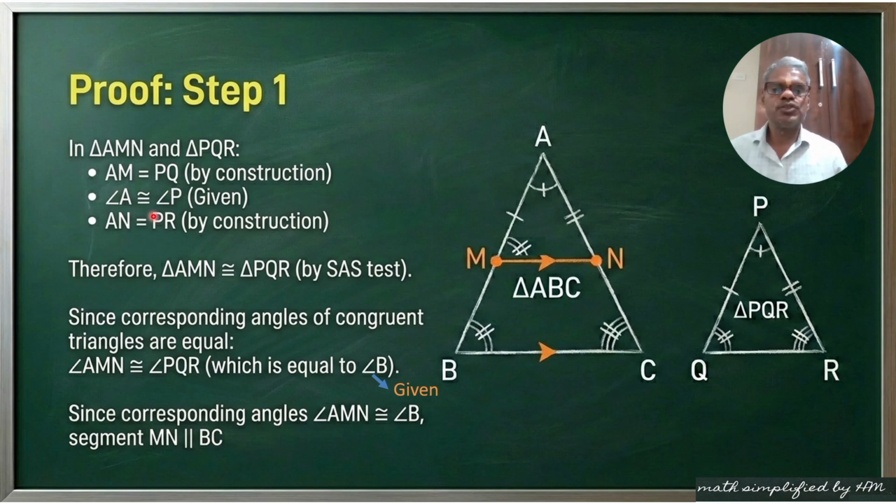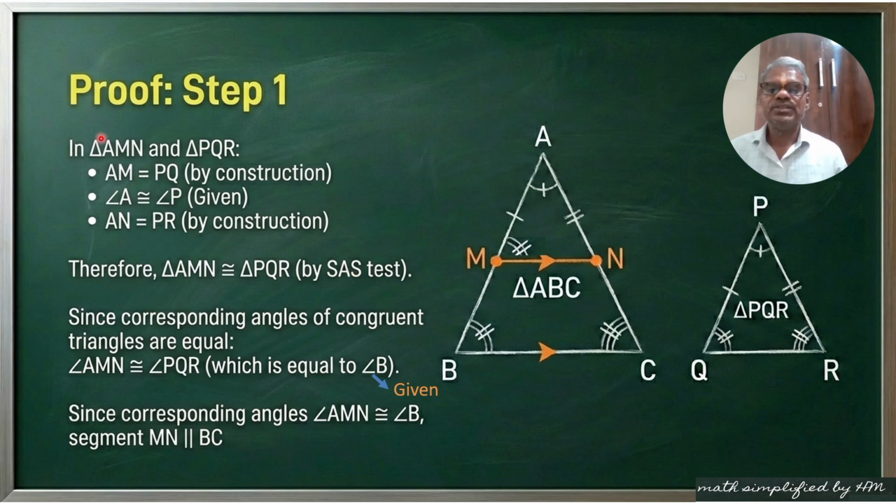Angle A is congruent to angle P, given in the theorem statement. Side AN is equal to side PR by our construction. Therefore, triangle AMN and triangle PQR are congruent to each other by the SAS test.